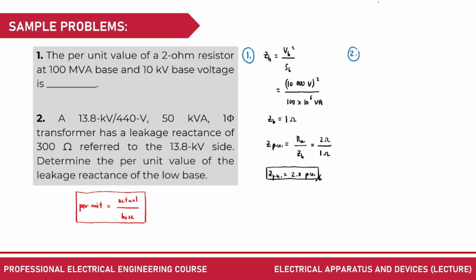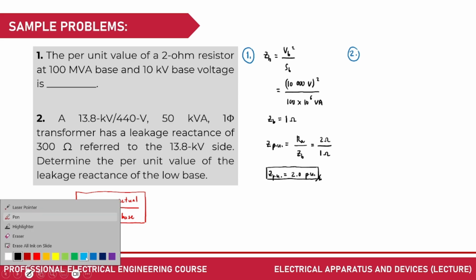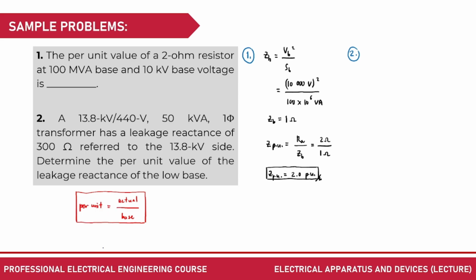You have two voltages here, one with the high tension and one with the low tension. This becomes the voltage for the high tension, and this one is for the low tension.